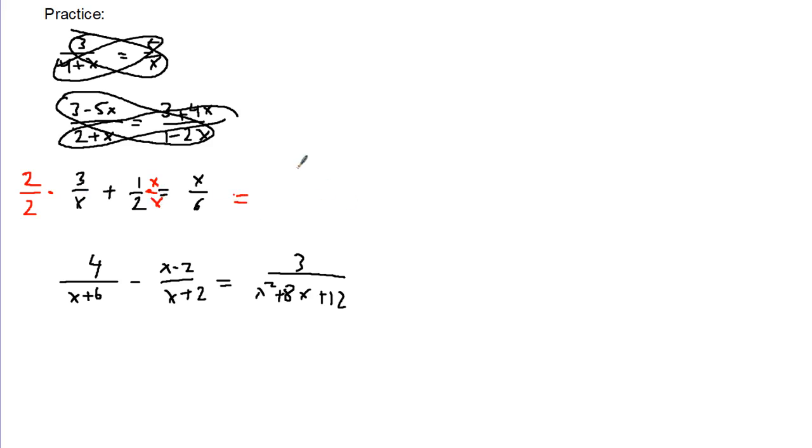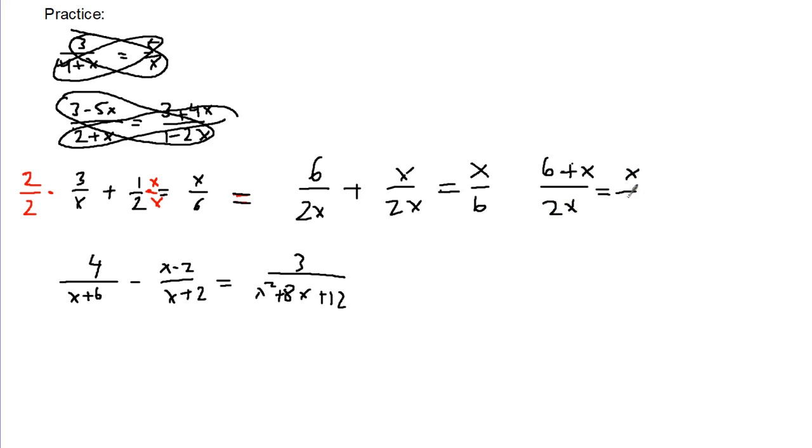This will give me 6 over 2x plus x over 2x is equal to x over 6, which will give us 6 plus x over 2x is equal to x over 6.